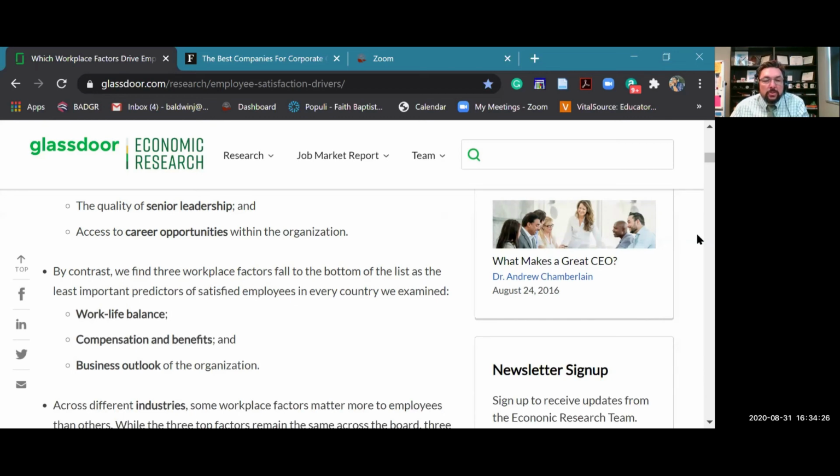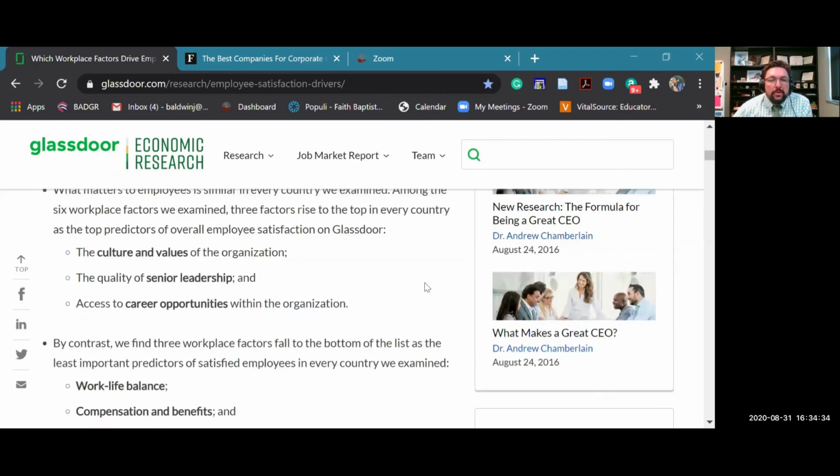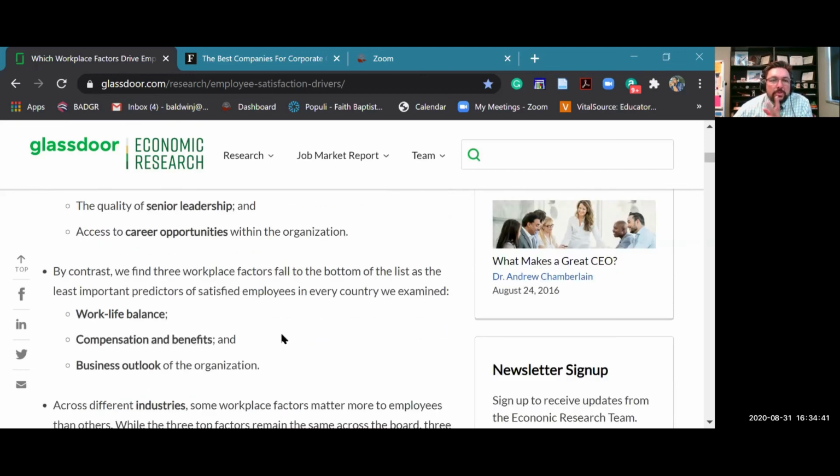Compensation and benefits, surprisingly, not as important. And business outlook of the organization. Like, where's the company headed? So culture and values, senior leadership and the quality of that, and career opportunities are more important than work-life balance, compensation and benefits, and business outlook, according to the survey that Glassdoor did.